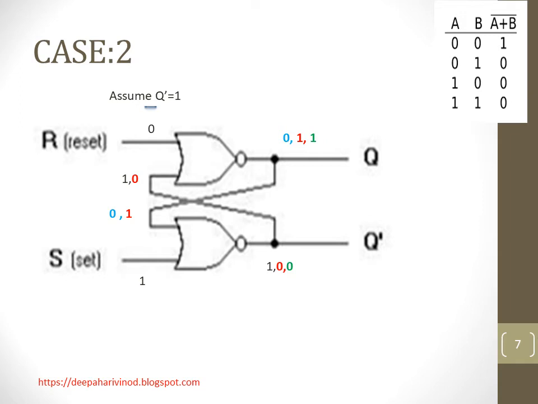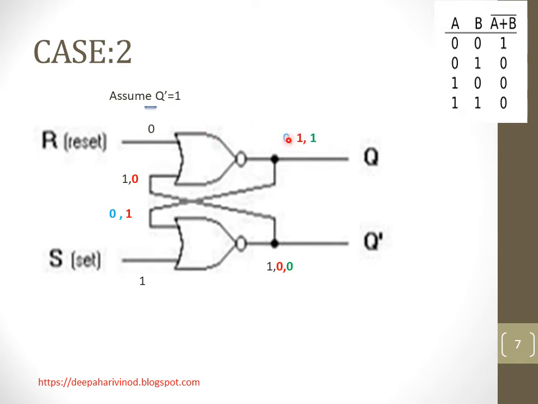Now in this case, for example, Q bar output is 1. Here we can see initially it was 0 in the previous case. Here we have set it to 1. So this 1 goes here. Now other conditions are same, like R is 0 and S is 1. What we are supposed to get is that output should be set to 1, isn't it? So this 1 goes here, 0 and 1. What will be the output? It will be 0, isn't it? For NOR gate 0 1, it is 0.